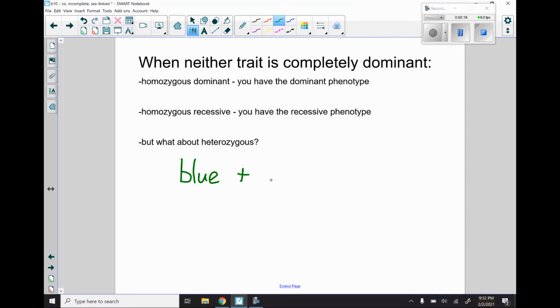So one possibility is that blue plus yellow could make green. They blend together so that neither one is totally obvious.